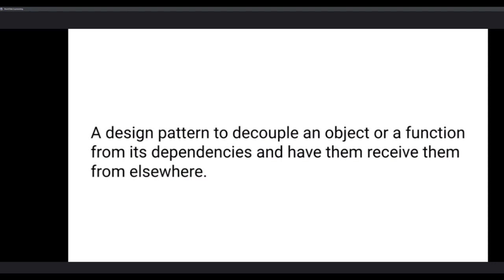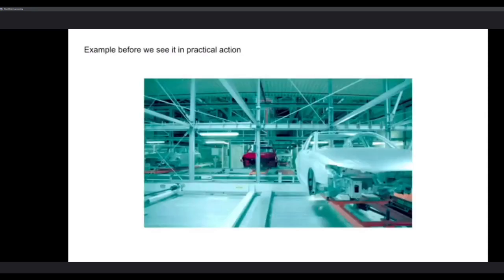So rather than have something tightly coupled, what tightly coupled means is that the thing it depends on is very tightly bound to it. I don't think there's any other way to say tightly coupled. It's just tightly coupled. The best way to show this is with an example.